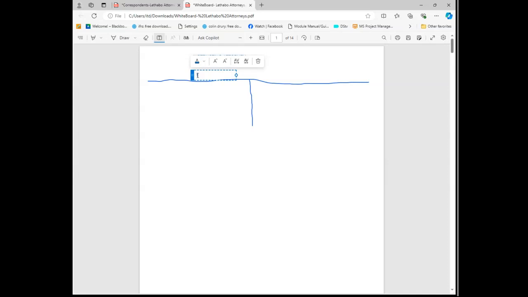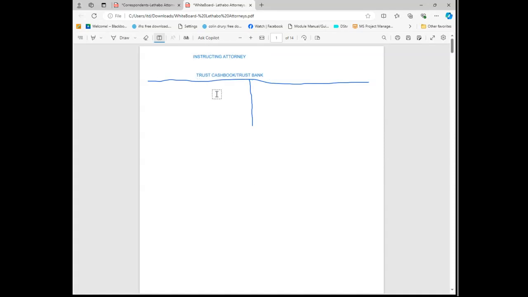I'm just going to call it trust cash book, or trust bank account. It's up to you. Doesn't matter how you call it.